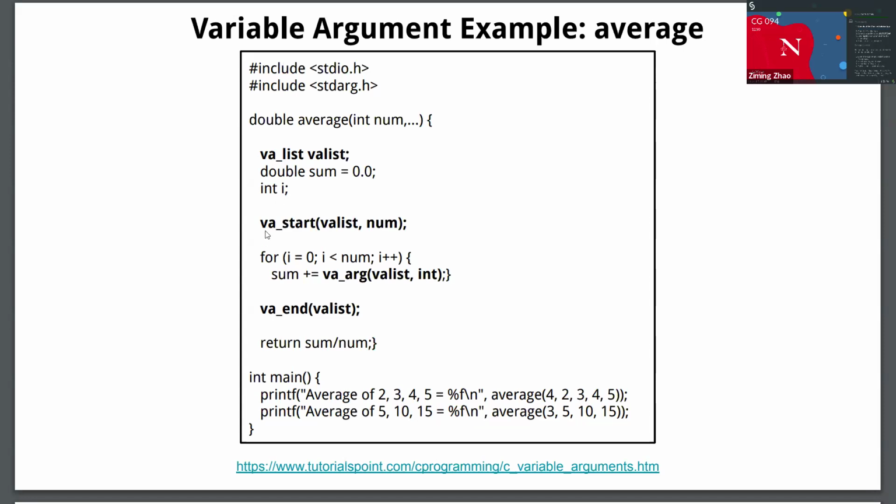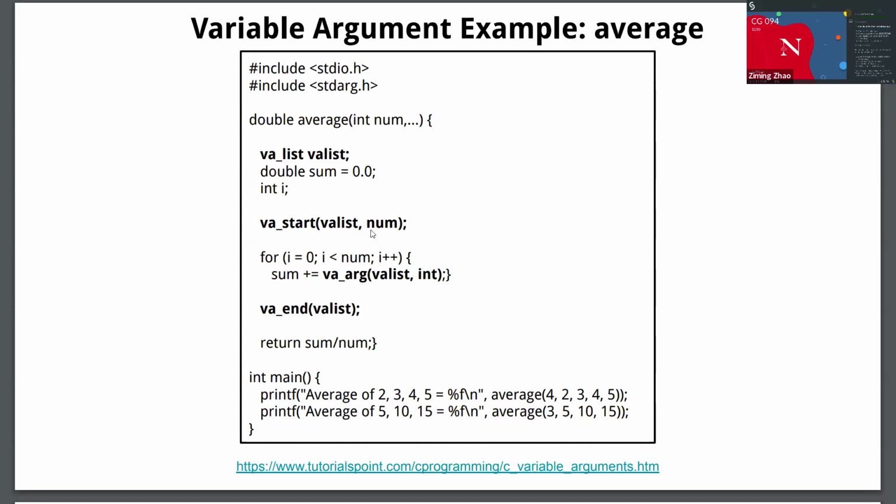Then we use the library function or macro, va_start, to tell the underlying library which parameter is the last parameter we know its name. In this case, we have to use varList, which is this one.